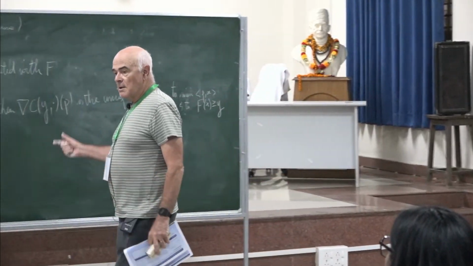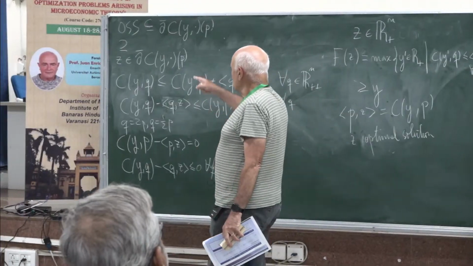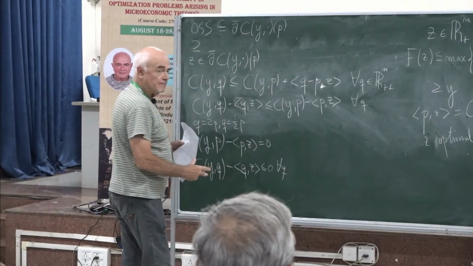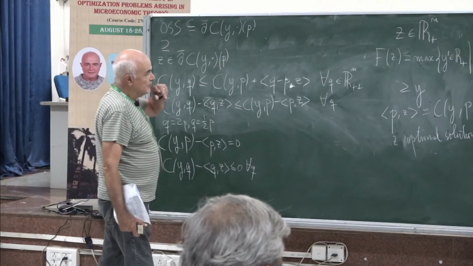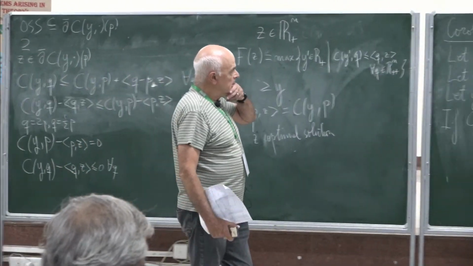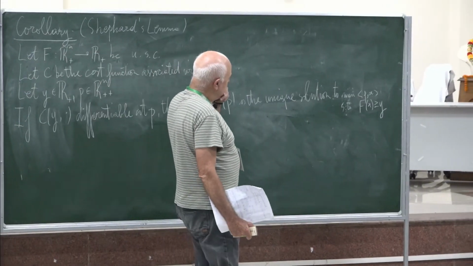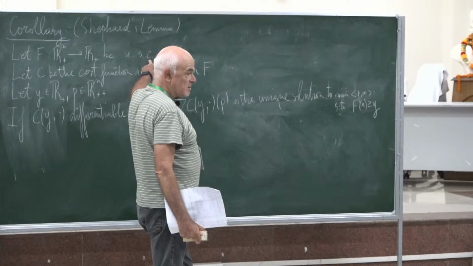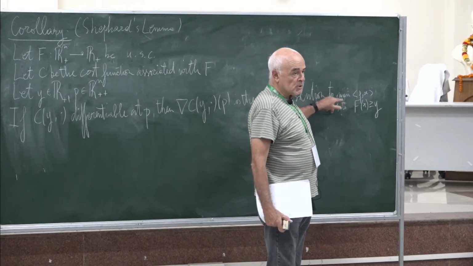The argument, I don't need to write a single line. We always have this inclusion. And now I notice we need upper semi-continuity, because otherwise there may be no optimal solution here.